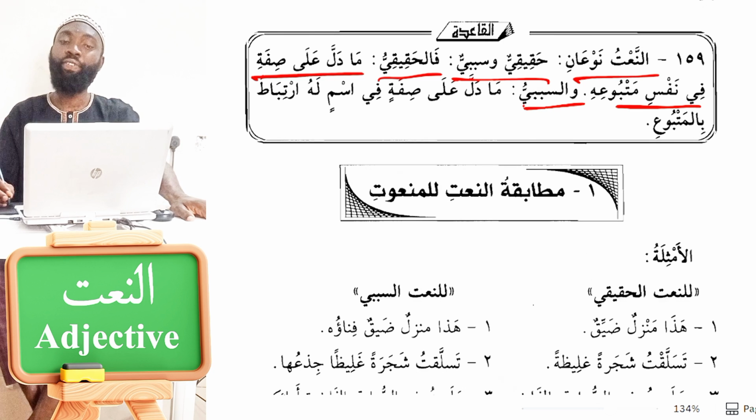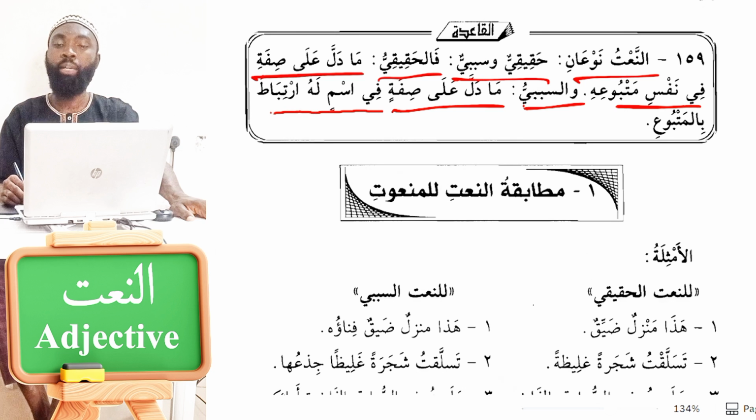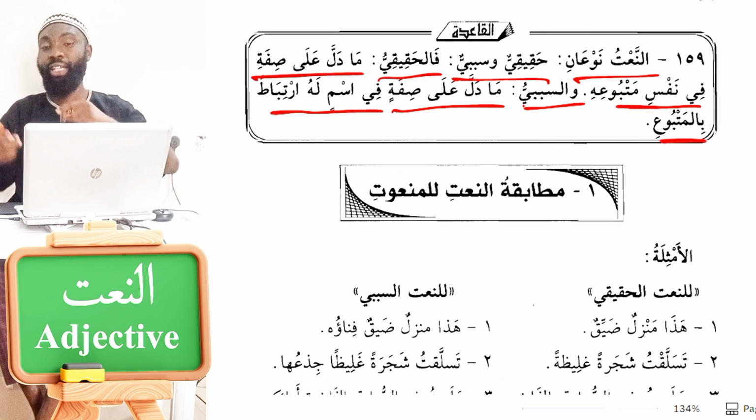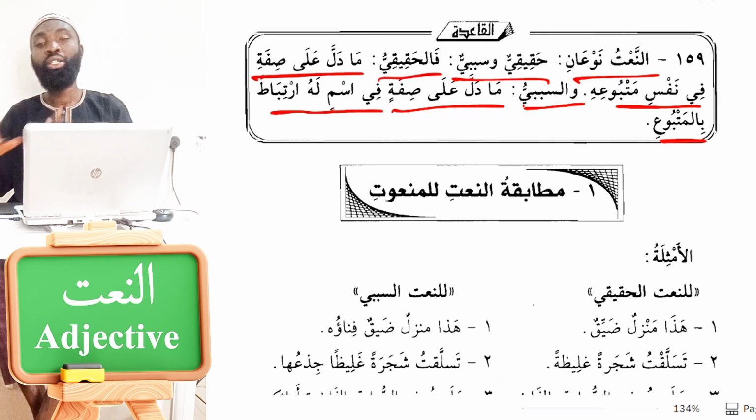As for the causal adjective, it is the type of adjective that shows us a quality in the noun that comes after it, which has a relation to the main noun that it follows.